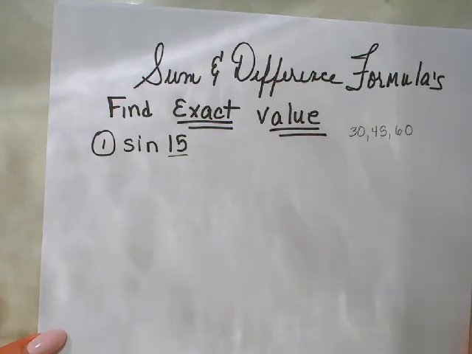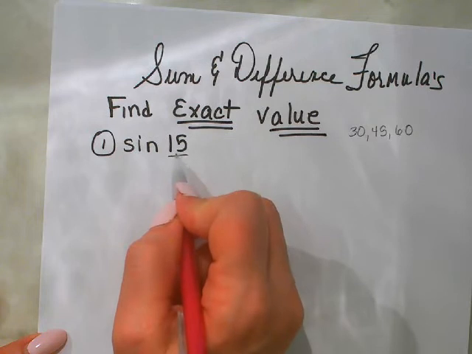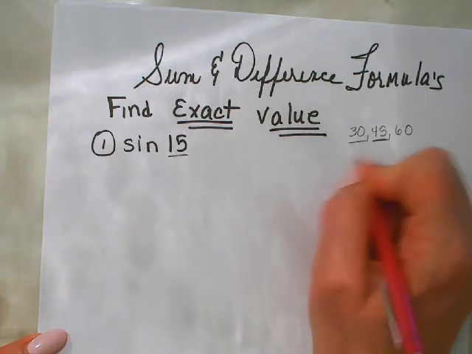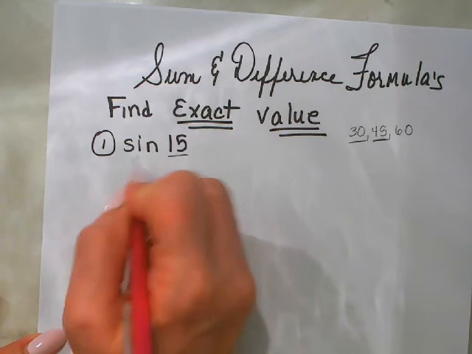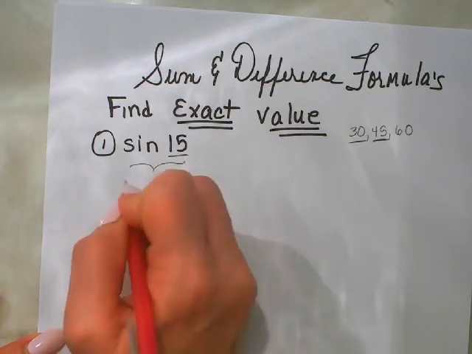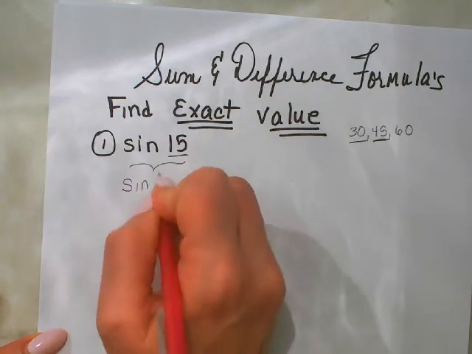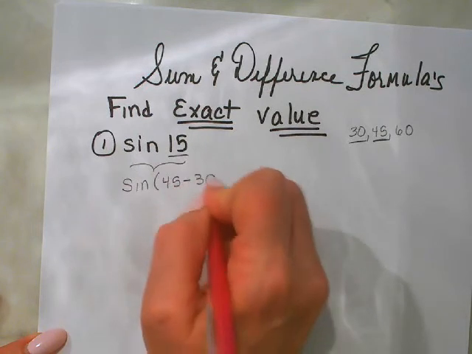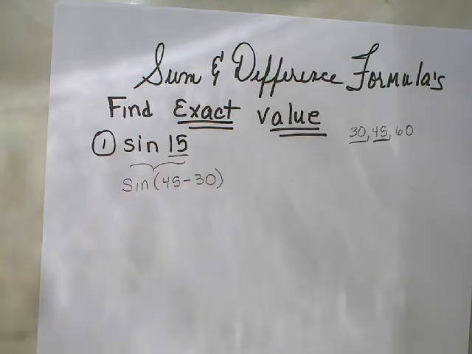I also have all the quadrantals, 0, 90, 180, 270. I can make 15 by taking 45 and subtracting 30. So I can rewrite this as the sine of 45 minus 30.